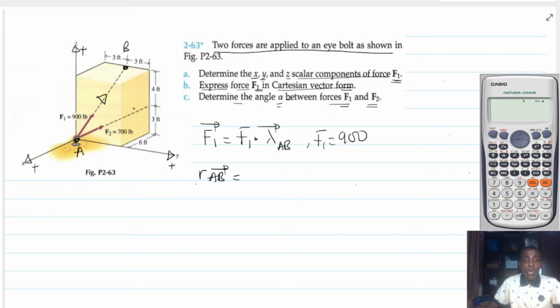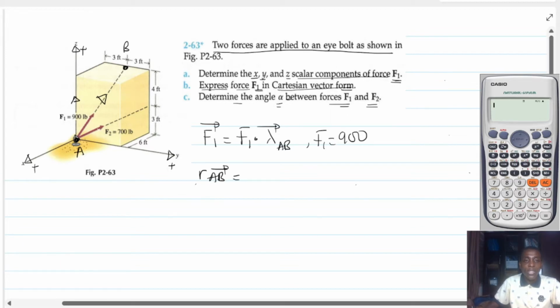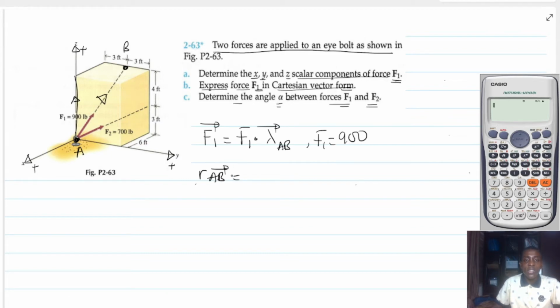So I'm going to walk from this point to B. First, I walk in this direction all the way upwards, and the distance is 3 plus 4, which is 7, along this direction. So this is going to be 7k. Then I will walk from here to here, against the direction of x.